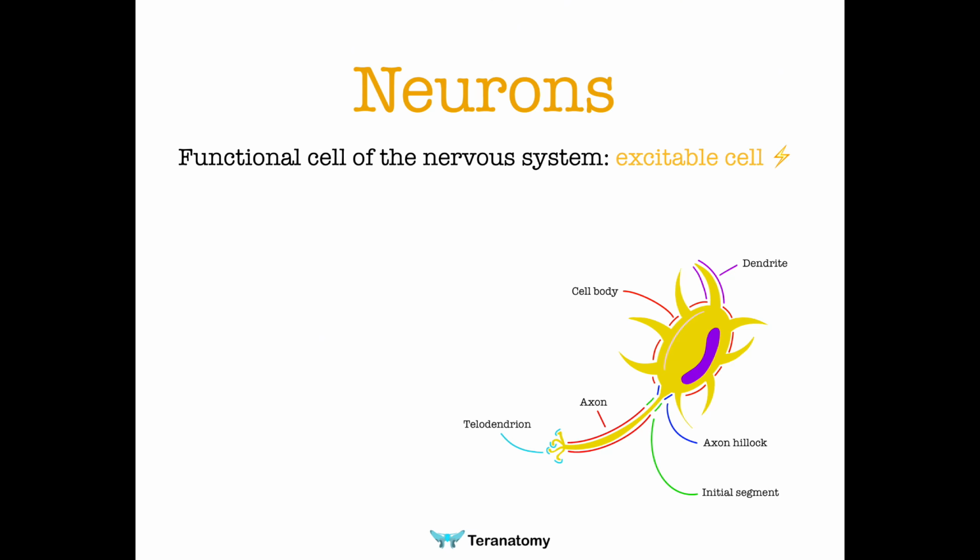These electrical impulses then travel along the length of the axon until they reach the telodendrion, the terminal branches of the neuron. Through the telodendrion, the neuron forms synapses most commonly with the dendrites of another neuron, but in some cases also with the cell body or even the axon of another neuron. And that is the basic overview of a neuron's structure and the essential role of each part.